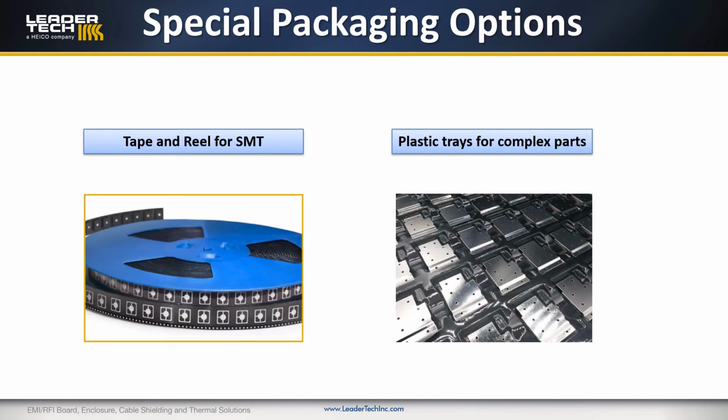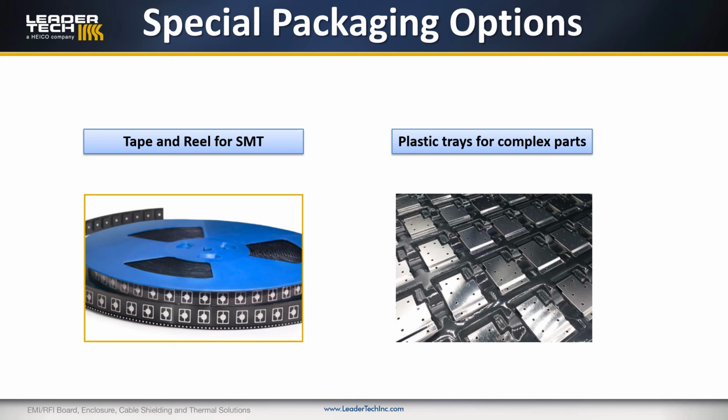The last aspect of the shield design is actually getting the finished product to you intact. The parts that we make are small and they're made out of thin gauge sheet metal, so they tend to be kind of delicate or fragile. We have some standard packaging options, but depending on your application, we have a couple of special packaging options.